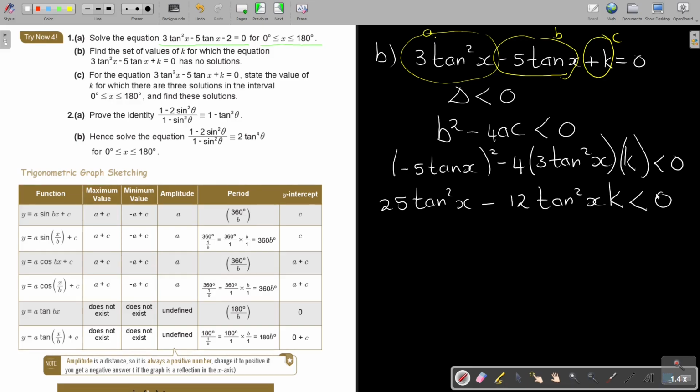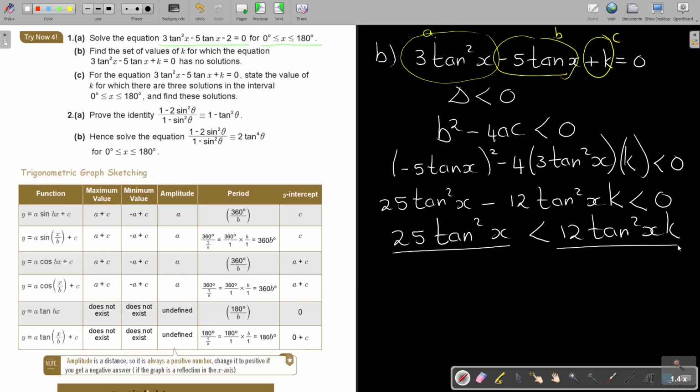Okay, so let's see if I can take that over. So I have 25 tan squared x, and if I take it over, I get 12 tan squared x k. But now I see, oh, this is nice. I can divide, doesn't matter which side I'm dividing. Let's see, oh yes, I want k on its own. So I divide by 12 tan squared x.